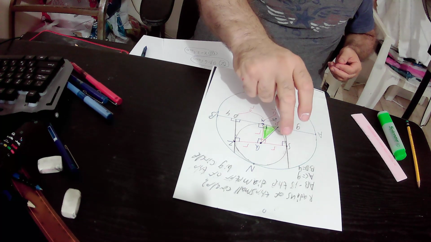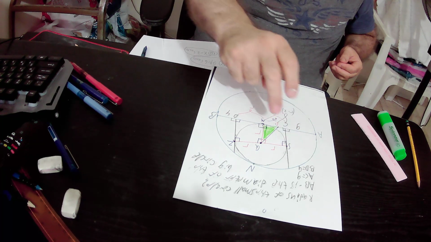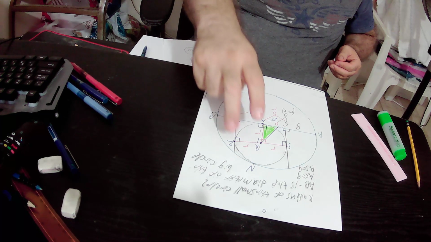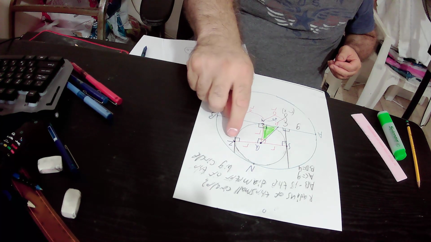This tangent is tangent to the circle at point S. This tangent is tangent to the circle at point M, and this tangent is tangent to the circle at point Z.